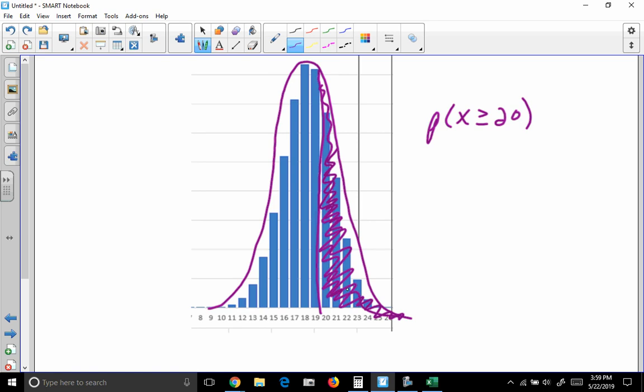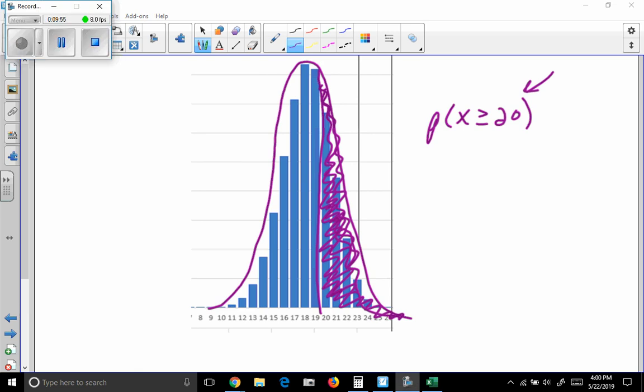So instead of adding the areas of those rectangles, we could add the area underneath that curve, and we can find that area from our normal distribution table. The question is just, if this is our binomial probability that we're looking for, how do we translate that into a comparable normal probability?